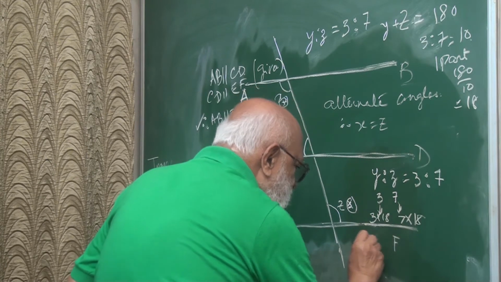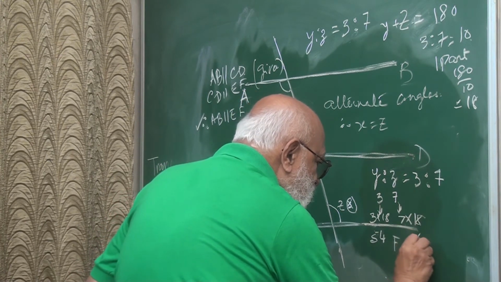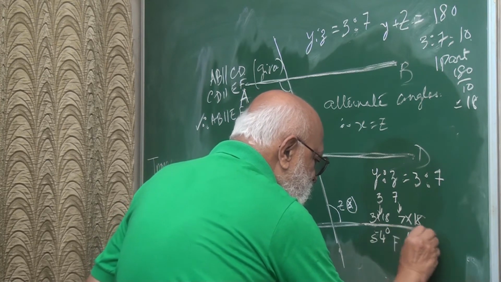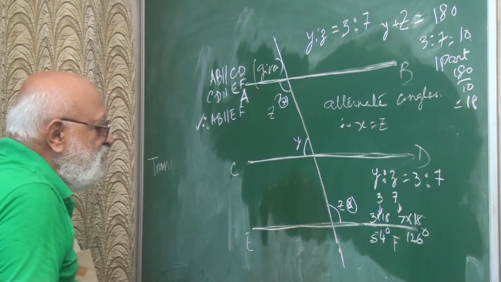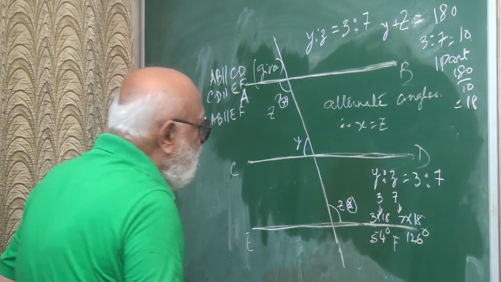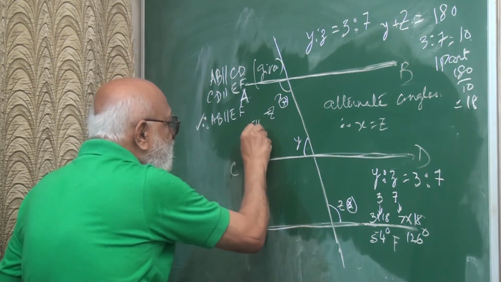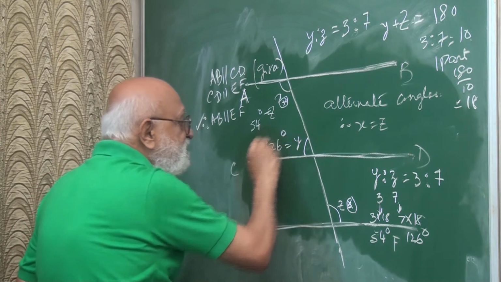What is 3 into 18? 54. 7 into 18 would be what? 126. Right? So I have got the values of y and z. Z is equal to 54 degrees and y equal to 126 degrees.